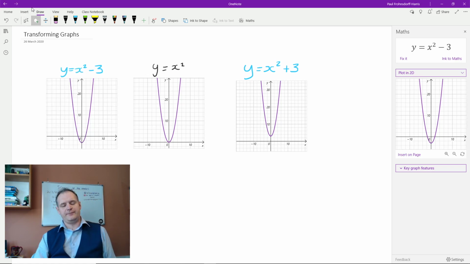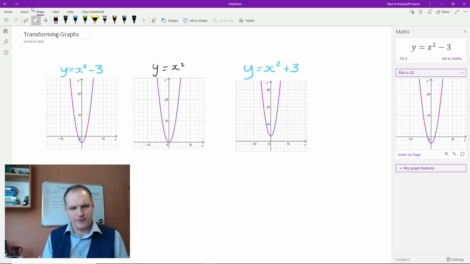So what's going on here? Well, in a graph, when you've got an equation, you have got an input and an output. The y is always your output, and the things you do to x are the input, the machine if you want. You're putting in x, and you are doing some stuff to it, and getting an output.